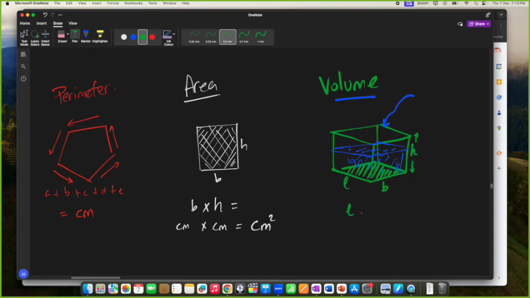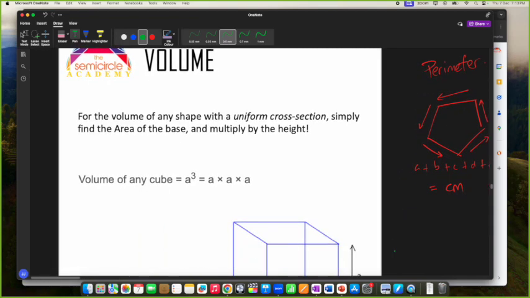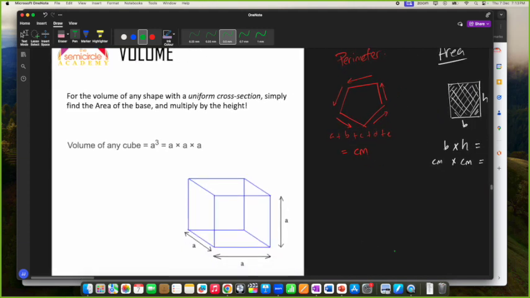So to find volume, you're taking the area of the base, whatever it is, and multiplying it by the height. That means you're taking your units and multiplying them 3 times, and that is why the units for volume are cubed. So whenever you're giving your answers in volume, whatever your units are, whether it's meters or centimeters or liters, it'll be cubed.